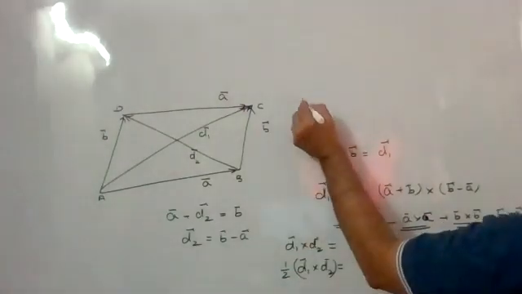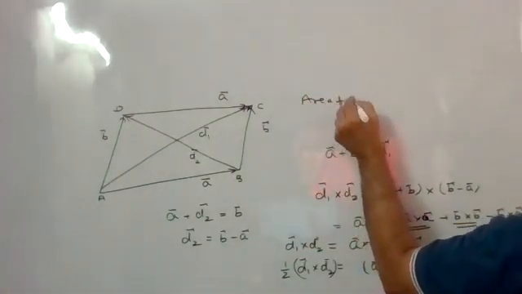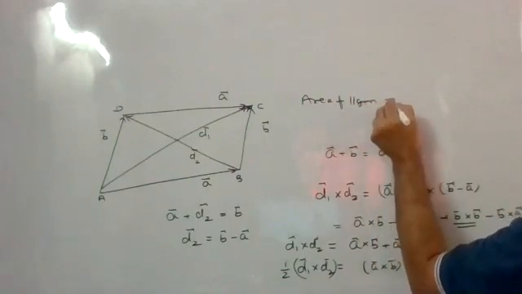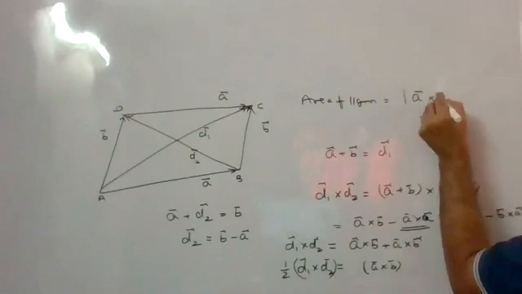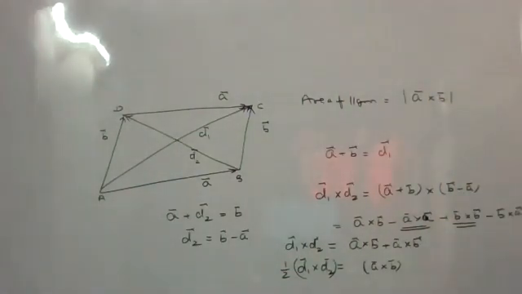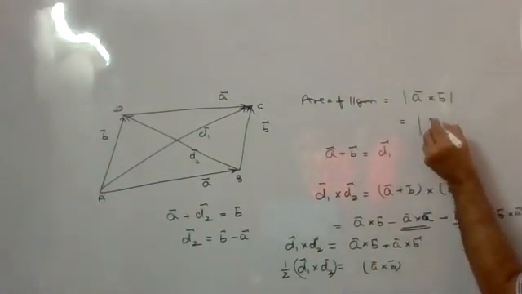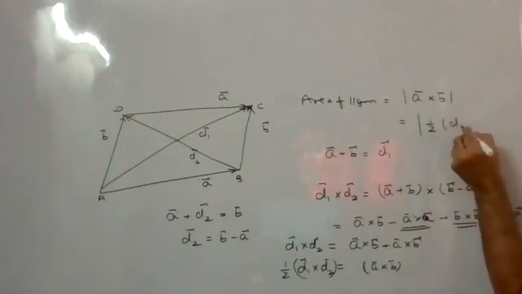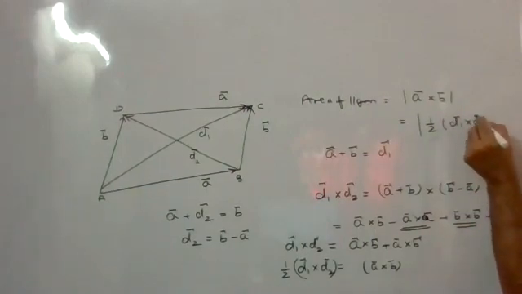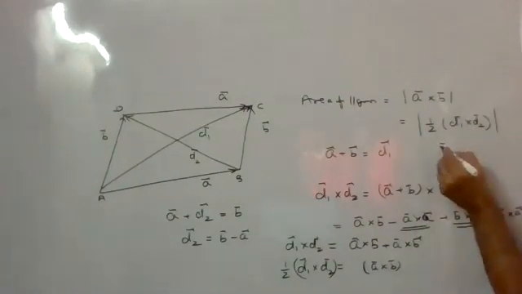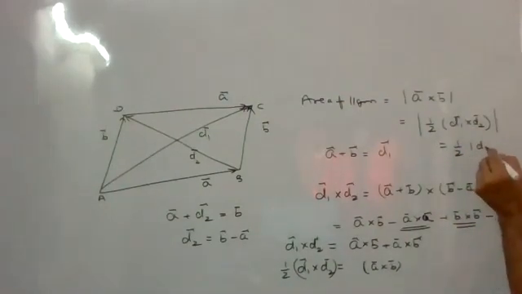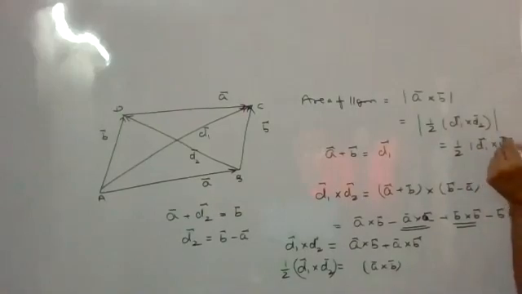So when you go for the area of the parallelogram, the formula says it will be magnitude of A cross B. And what is A cross B? It will be magnitude of half D1 cross D2. The half comes out of the magnitude: half D1 cross D2.